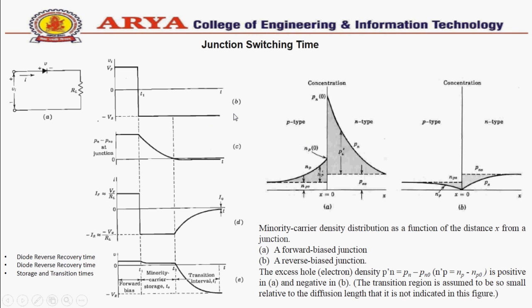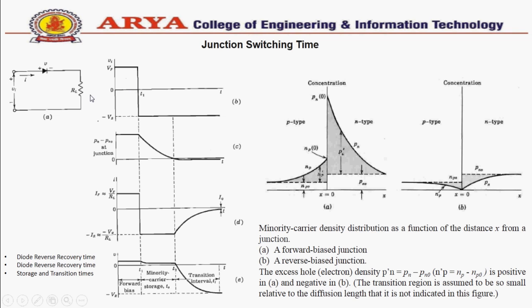Now, about storage and transition time, the sequence of events which accompanies the reverse biasing of a conducting diode is indicated in this figure. We consider that the voltage in figure B is applied to the diode resistor circuit in figure A. For a long time, up to time t1, the voltage Vi equals Vf and has been in the direction of forward bias of the diode.